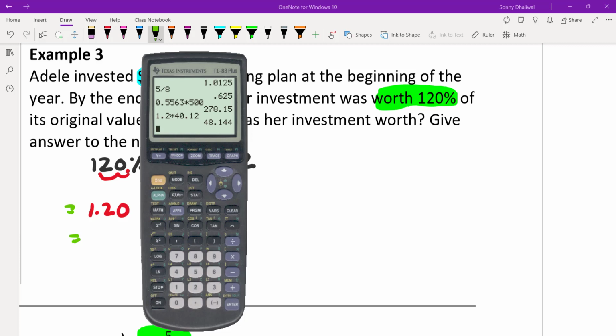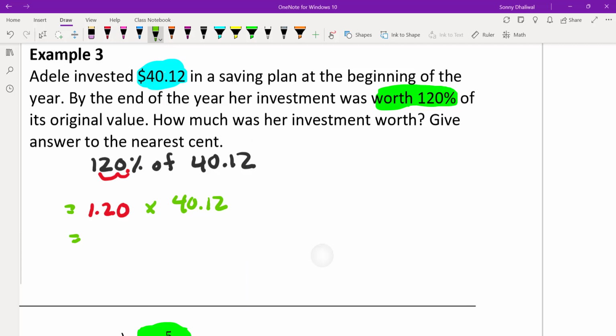Not 15. 14. Look at that extra number after the 4. 5 or higher, we round up. So it's lower than 5, so it stays the same: 48.14. Right? 14. Okay.